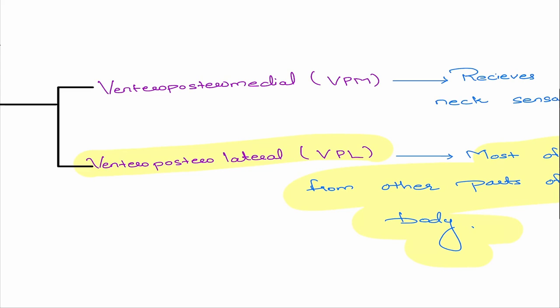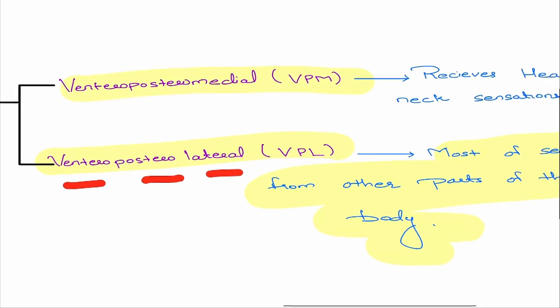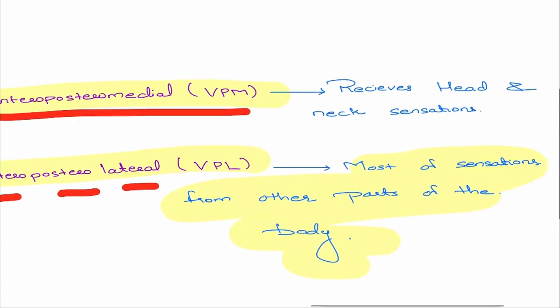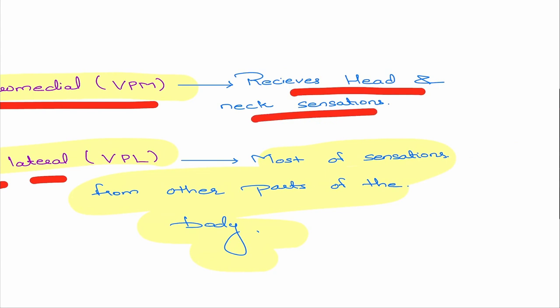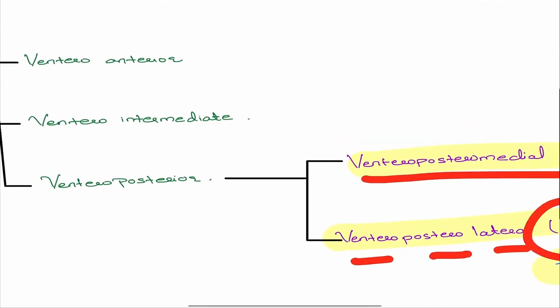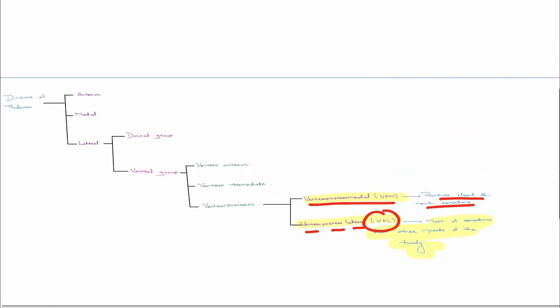It's ventroposterolateral, VPL. And there is also VPM nucleus, which is important for us dentists. Why? Because VPM nucleus will receive the head and neck sensations, which is not important for us today. For us, it's the VPL nucleus in the thalamus, which is the third order neuron.